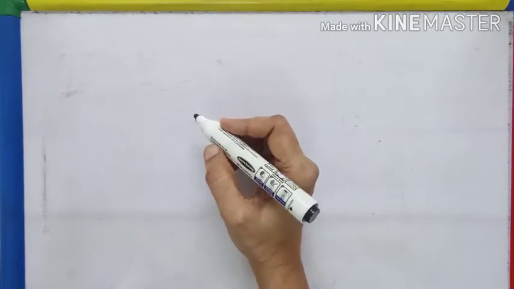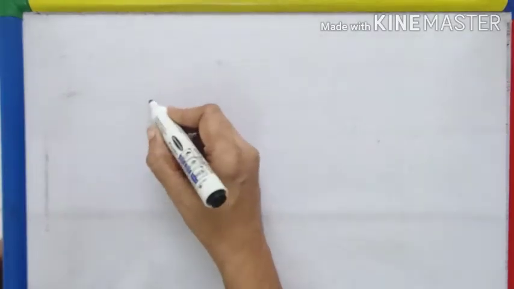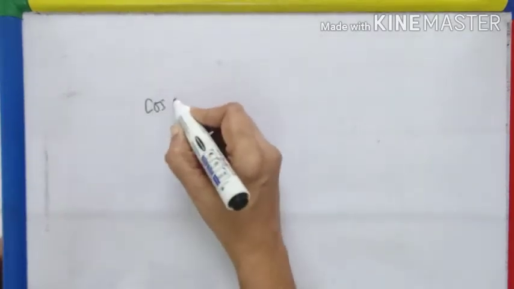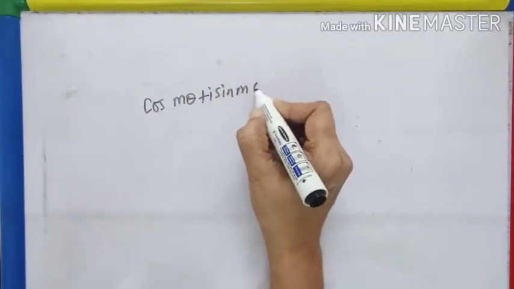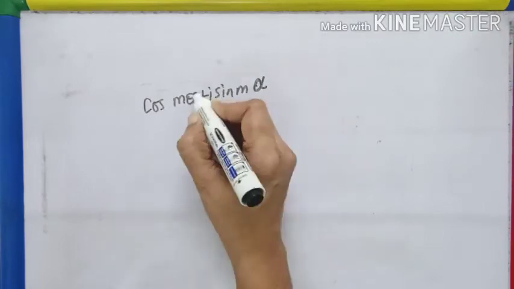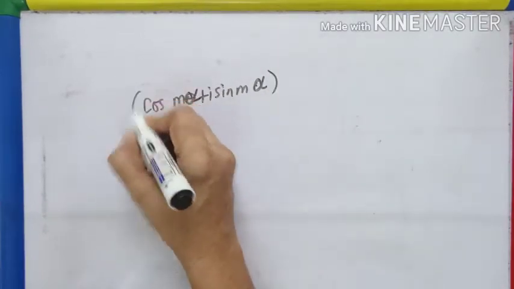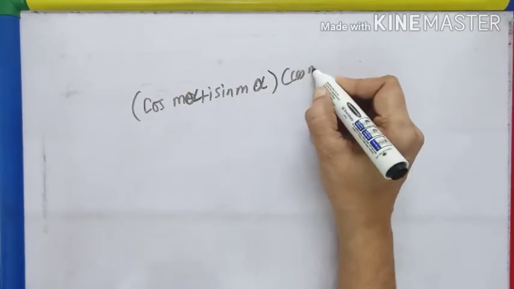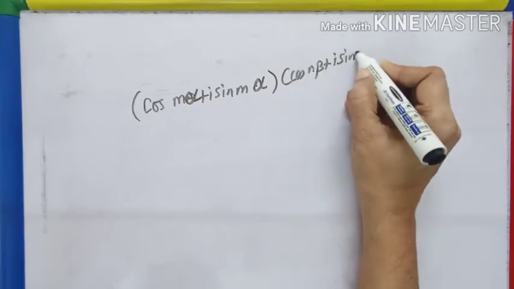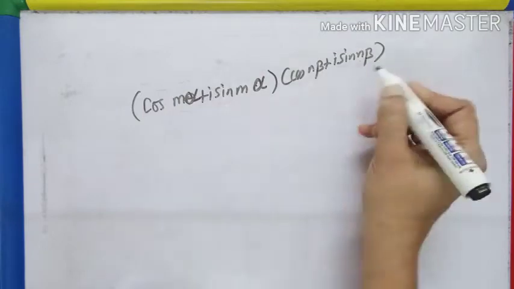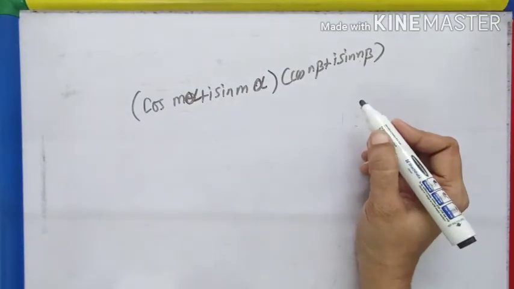Good morning, children. Today's class we are going to recall certain properties of polar form. We have already learnt (cos mθ + i sin mθ), let me say with α, into (cos nβ + i sin nβ). Suppose you have a pattern like this.